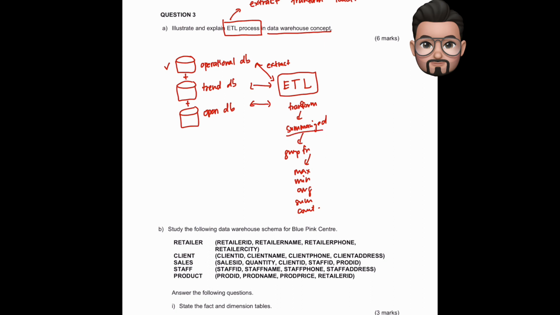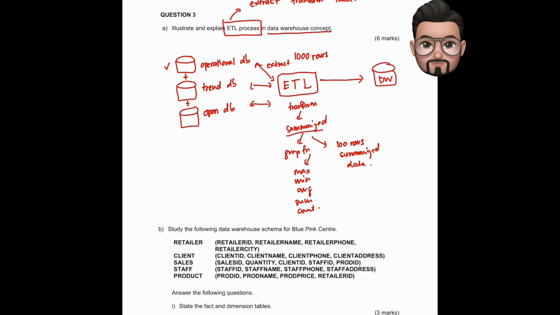For example, let's say you extract 1,000 rows of data, but after you summarize, the data might be only 100 rows. So this 100 rows of summarized data will be loaded into our data warehouse.